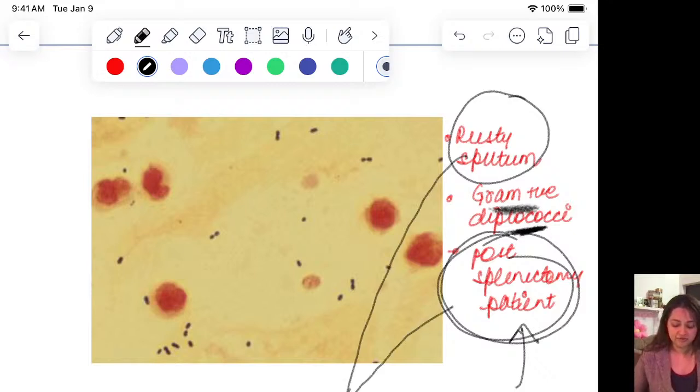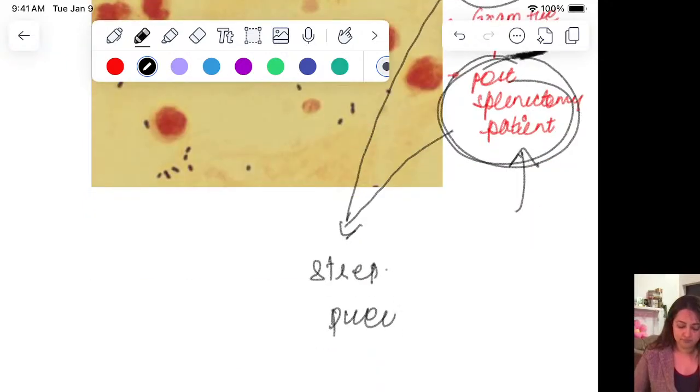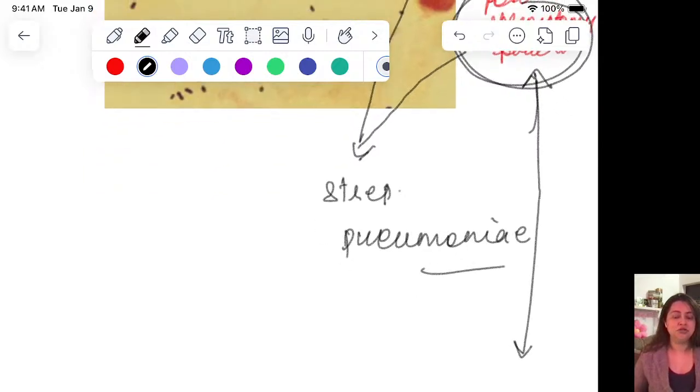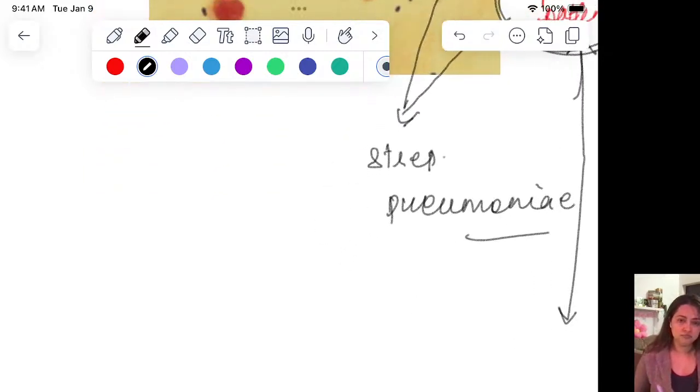These 2 hints are enough for you to call it a Streptococcus pneumoniae infection. So we are talking about strep pneumo. Remember, why did I mention this post-splenectomy patient? What is the reason why a post-splenectomy patient is mentioned here?